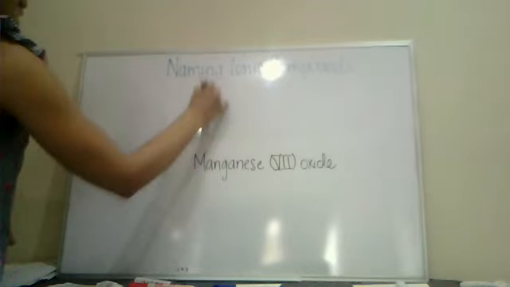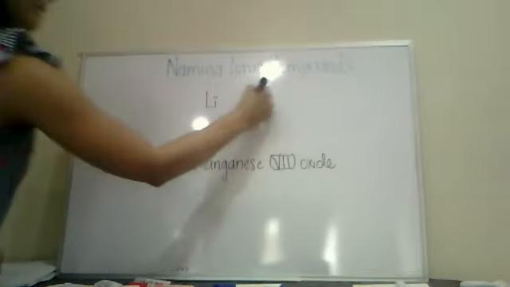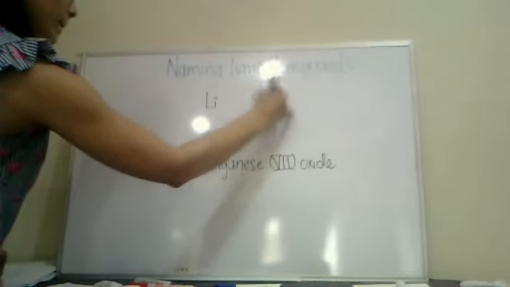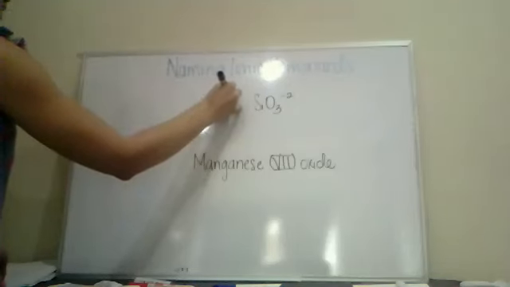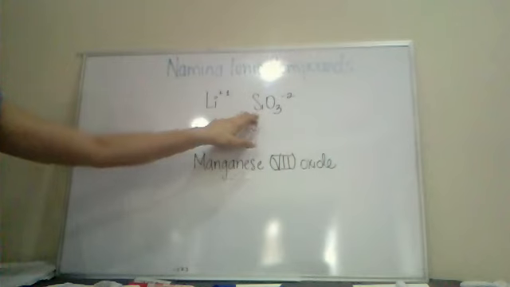Let's make another example. Lithium is element number 3. What is the charge of lithium? It is positive 1. Exactly. Lithium is positive 1. And we're going to combine it with a polyatomic ion that is named silicate.